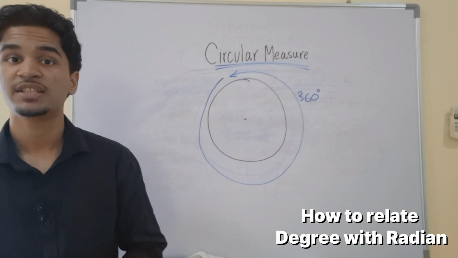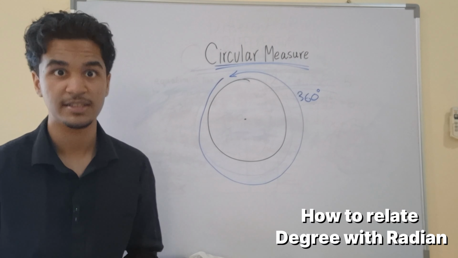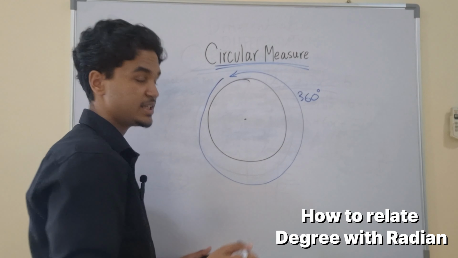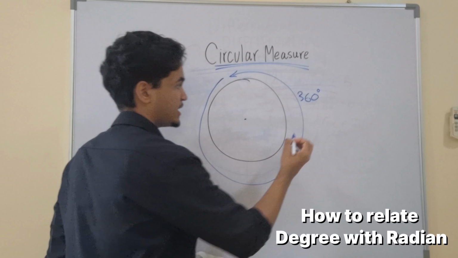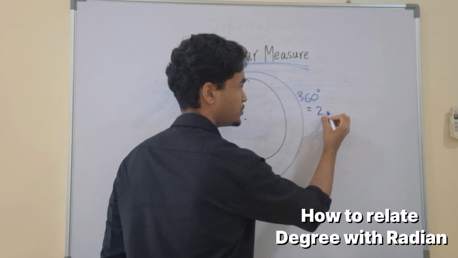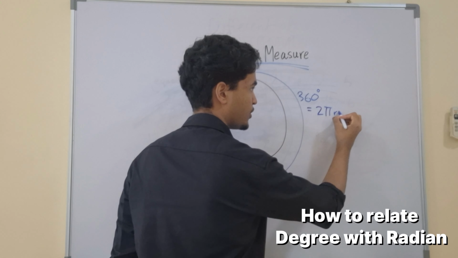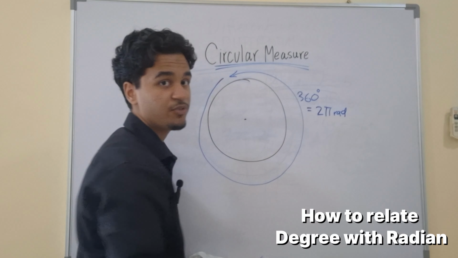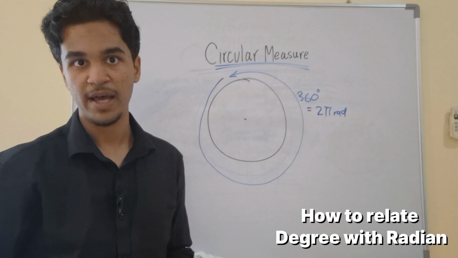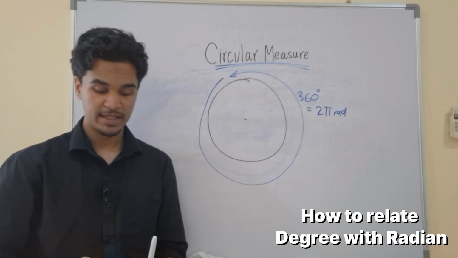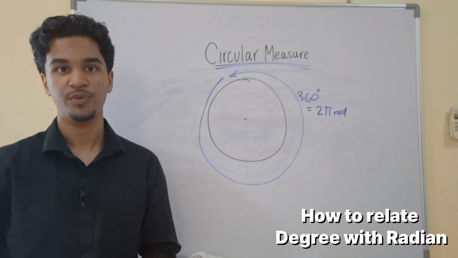Now instead of using degrees, we want to use radians. To convert 360 degrees into radians, it's equal to 2 pi radians. You can write radians as rad. So 360 degrees is actually 2 pi radians.